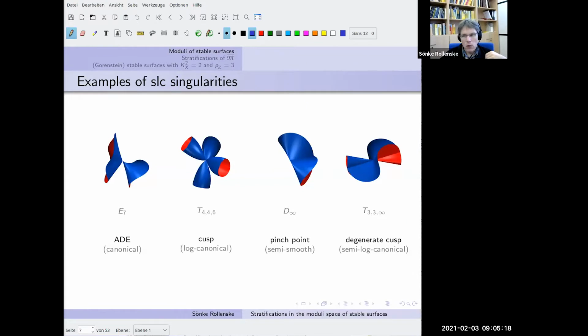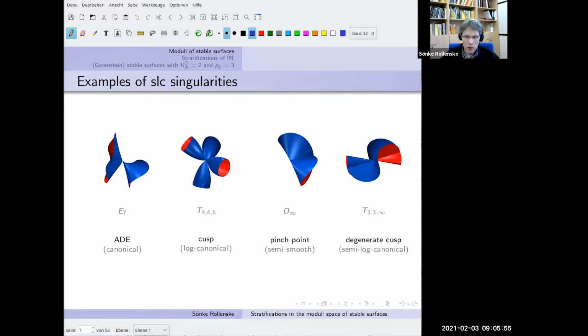Let's just look at some examples and pictures. We know that on the canonical models we already have canonical singularities, so ADE singularities. Here on the left we have an E7 singularity. If I want to stay normal, I can add elliptic and cusp singularities. Here's a picture of a cusp singularity; it looks slightly more complicated. And if I go non-normal, then I have drawn for you a pinch point.